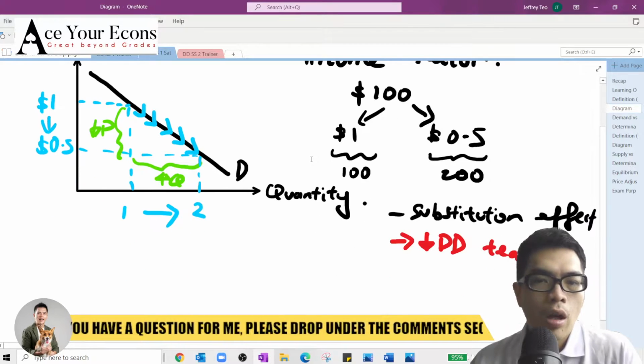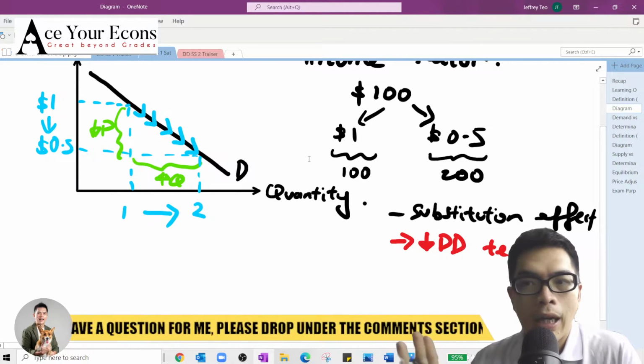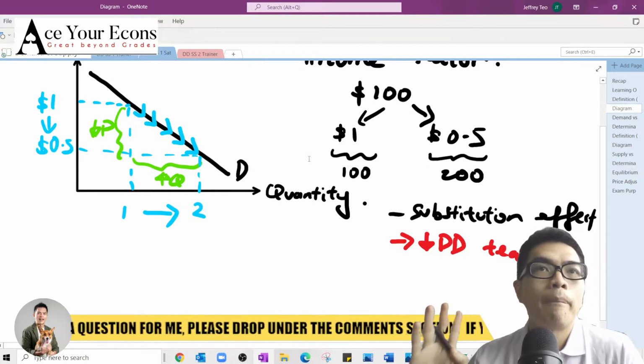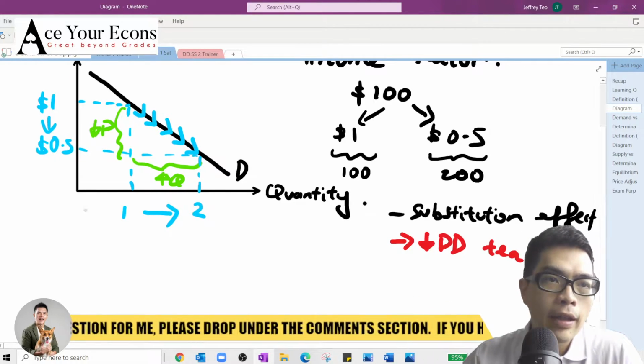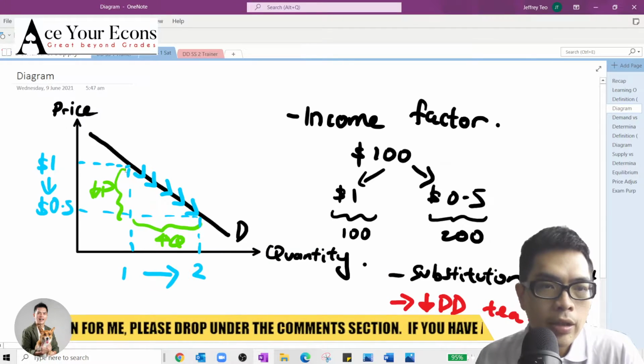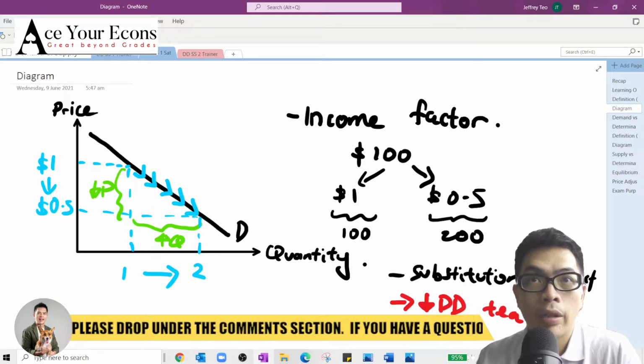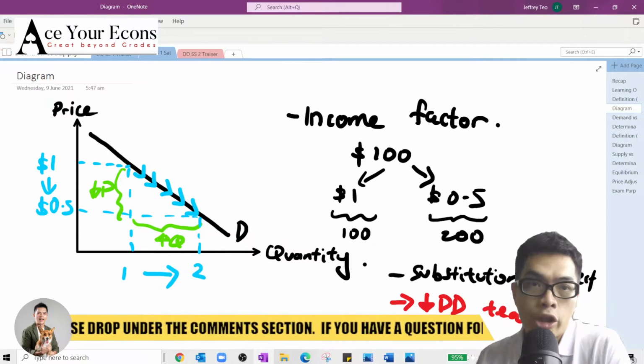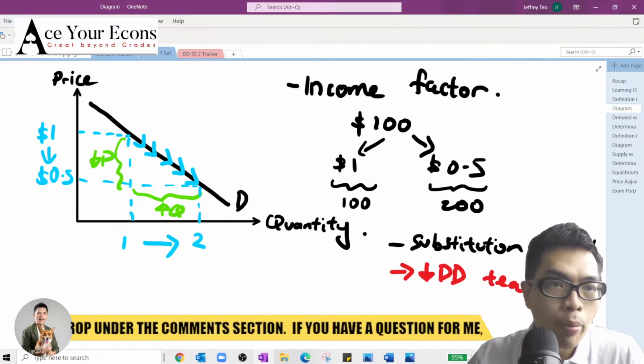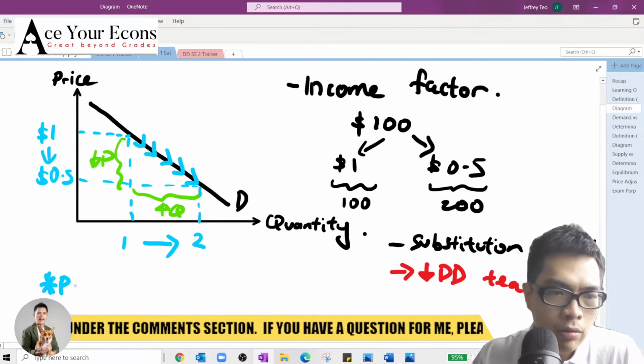So if you ever forget what I'm saying here, please don't forget that when we are looking at the demand curve, there are two categories that we want to look at: movement and shift. So when there are price changes, please pen this down.